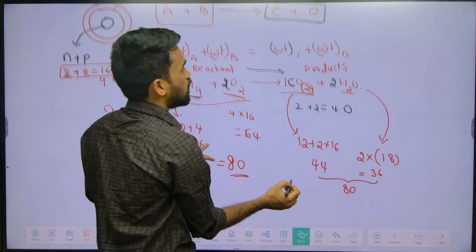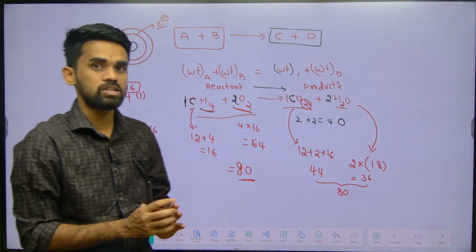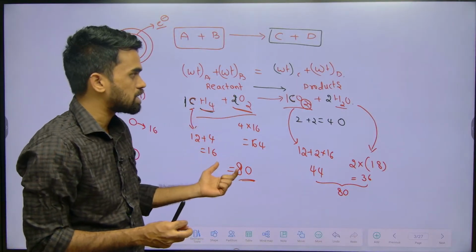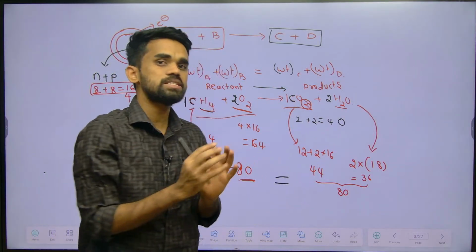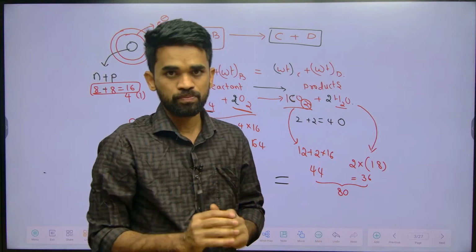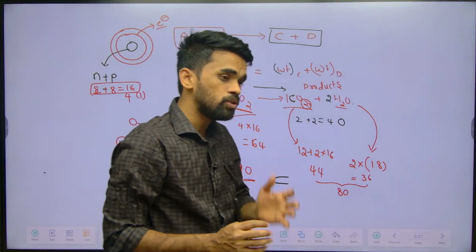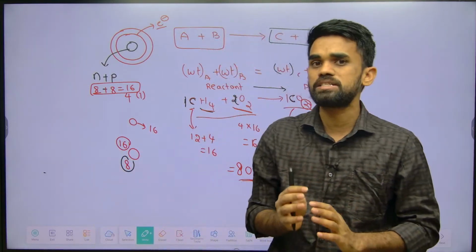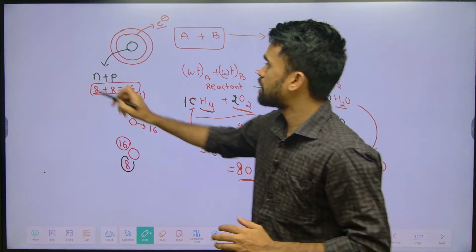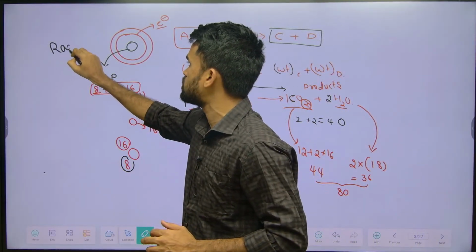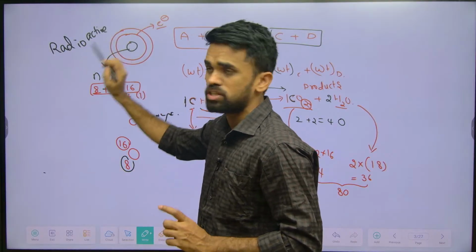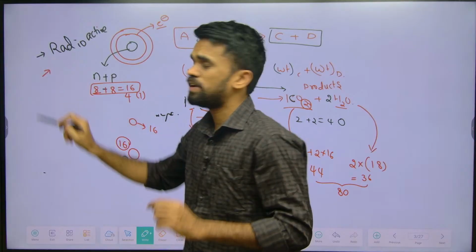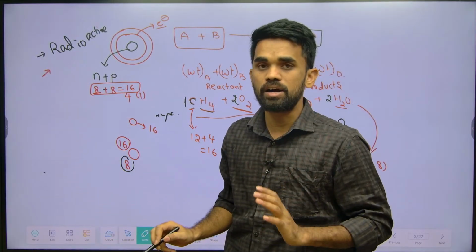Okay, it means what you have observed is that during a chemical reaction, the total mass present at the reactant side and the total mass present at the product side will be equal. So this is called the law of conservation of mass. And in the last class I told you the law of conservation of mass is not applicable in case of radioactive reactions, or nuclear reactions, as well as when there are non-stoichiometric reactants.